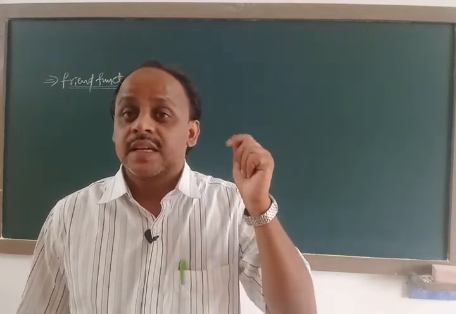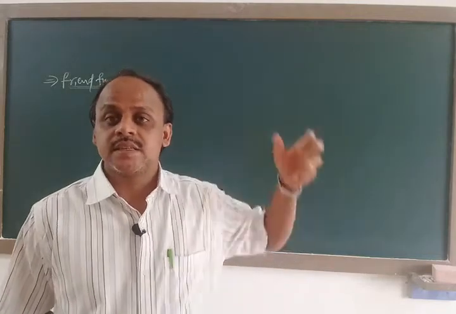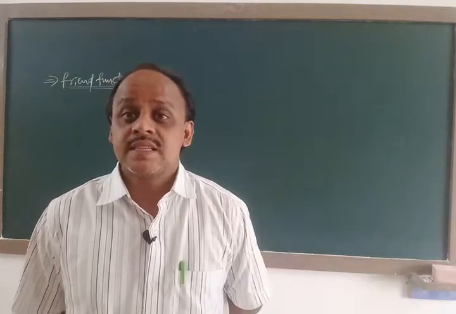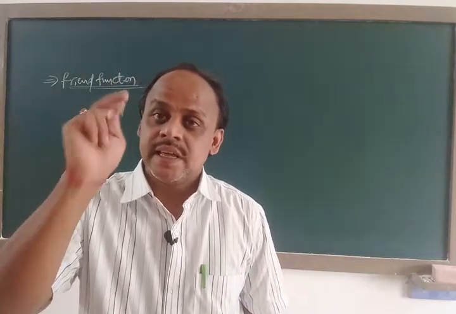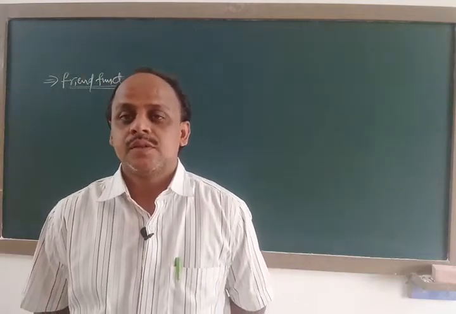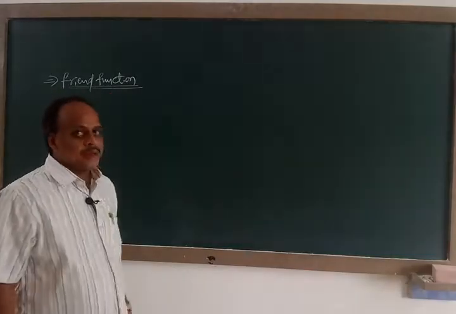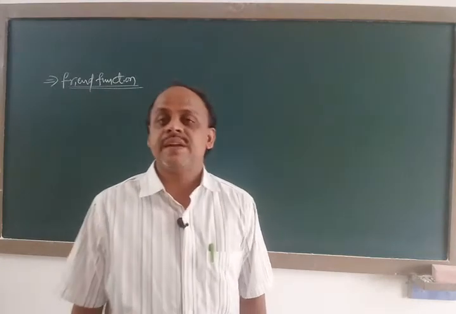A friend function is a special function, which means only a friend function has the capacity to access data members of a class outside the class even though they are declared in private. So how can we define a friend function? This is one of the important functions.